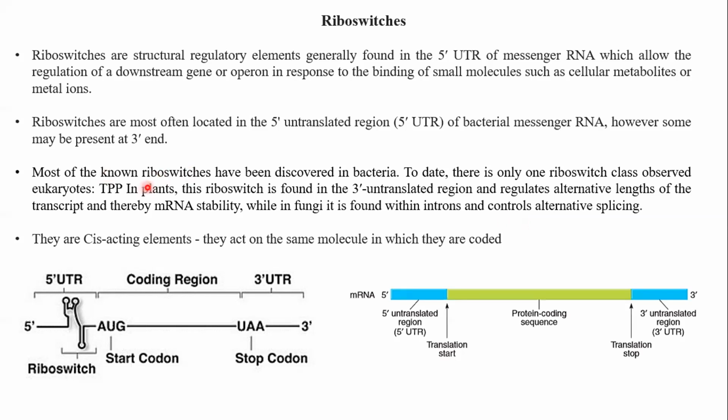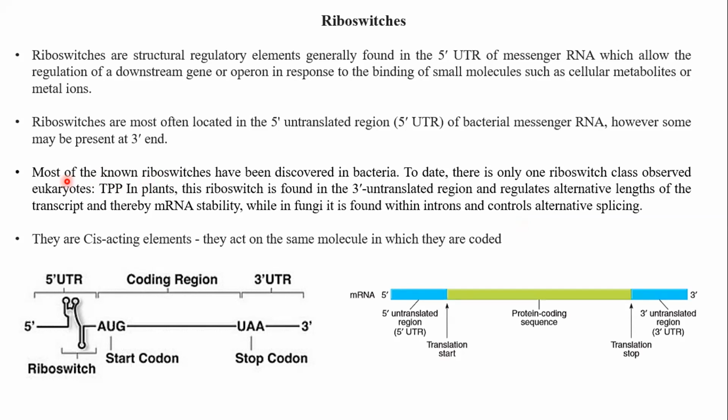In prokaryotes there is only transcription and translation, no processing. So in bacteria, if you think logically, it would be better to control gene expression at the transcription level. If transcription is controlled, there is no translation. So most of the riboswitches regulate transcription.